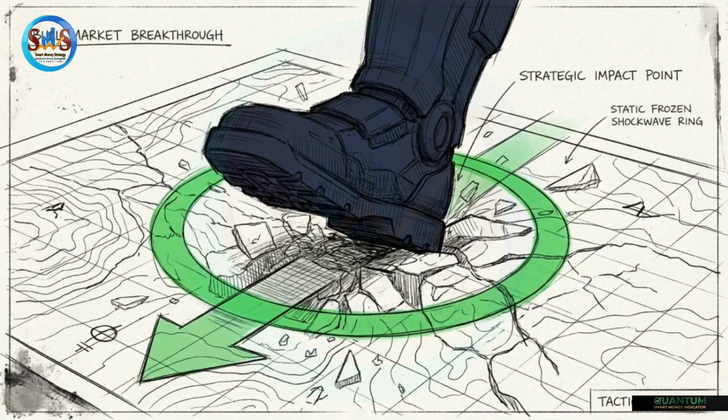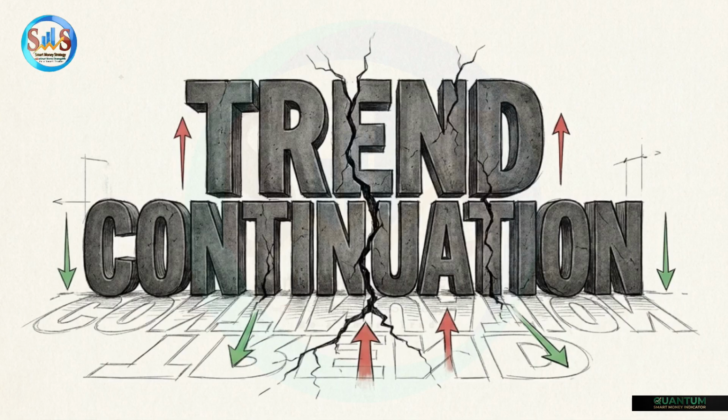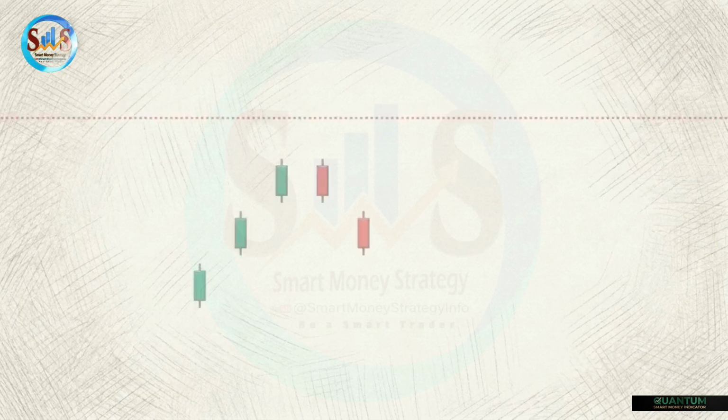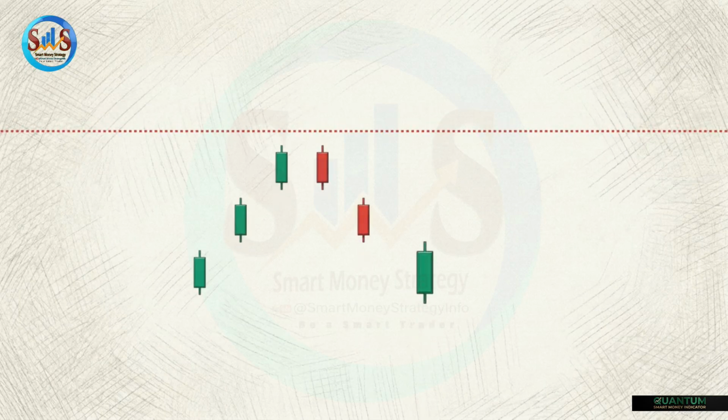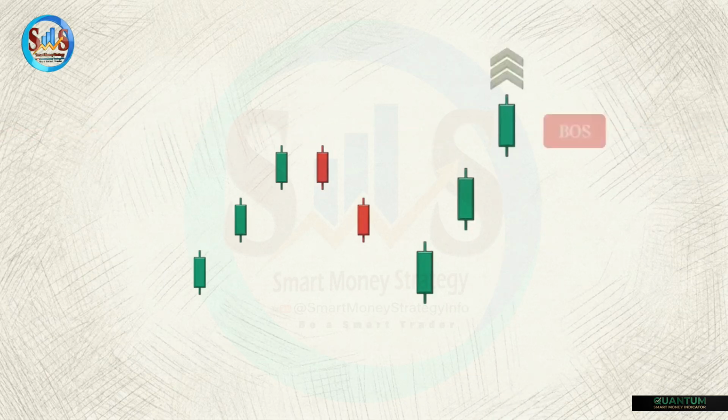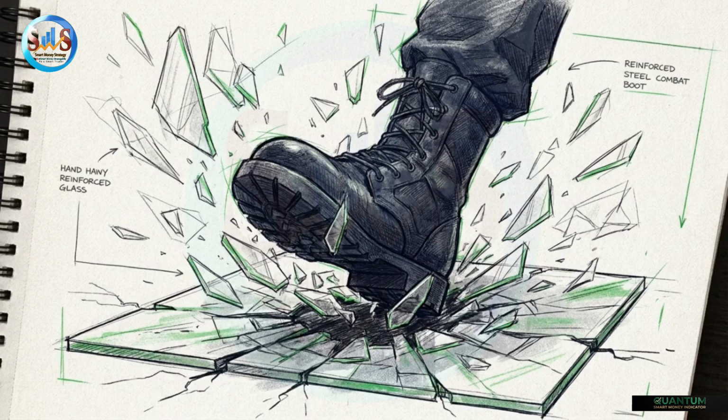Once the giant is fueled up, he takes his next step. This second footprint is the march, or what pros call a break of structure. Now loaded with energy, the giant stomps upward with incredible force. He pushes the price straight up, cleanly shattering the ceiling of his last highest point. To confirm this is a real march, the giant must take a heavy full step past that old ceiling.